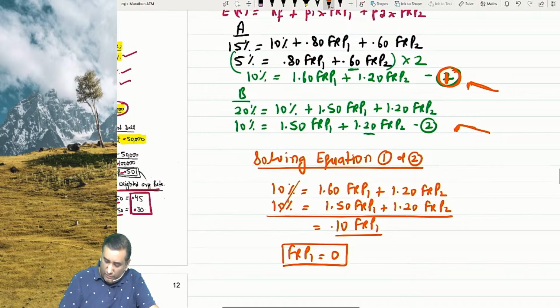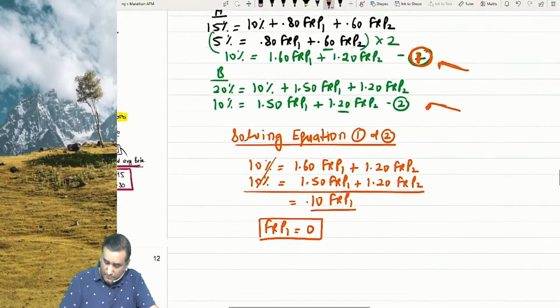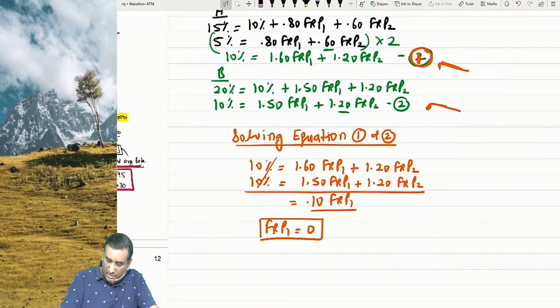Put the value of FRP1 in either equation 1 or 2 of your choice, and get the answer.